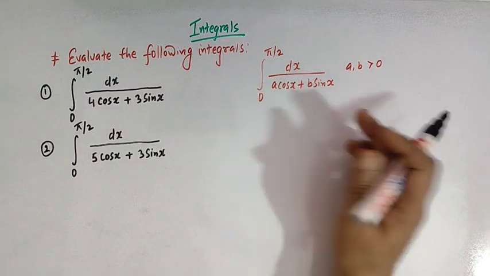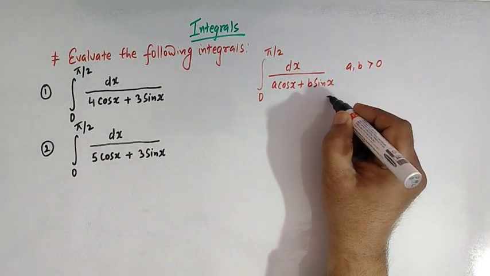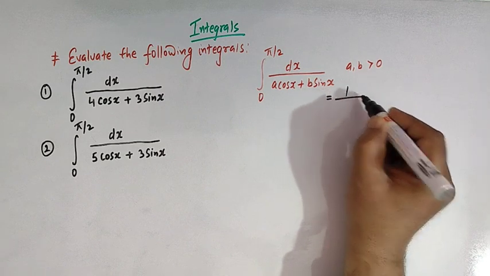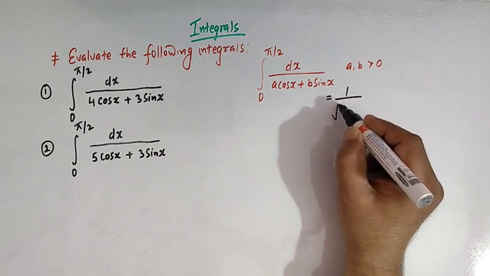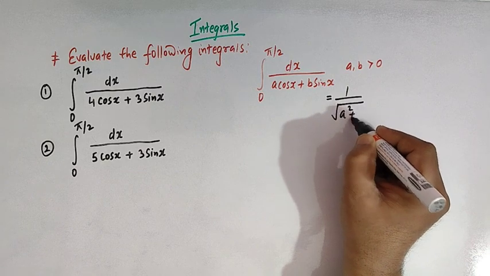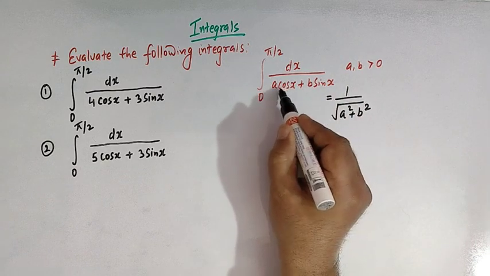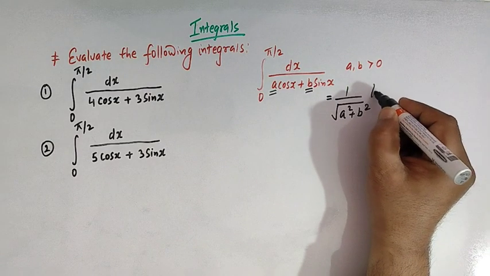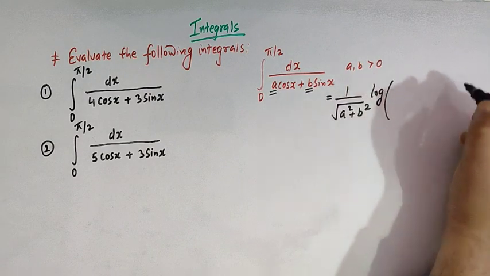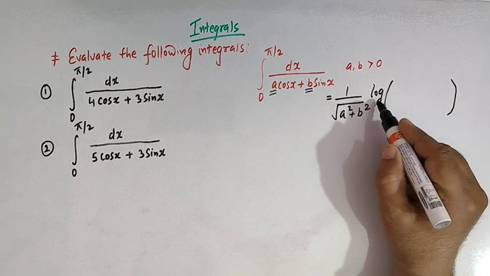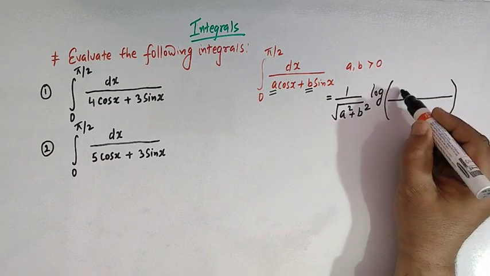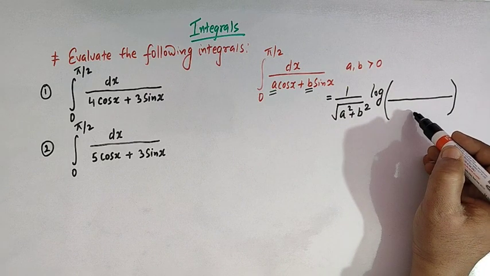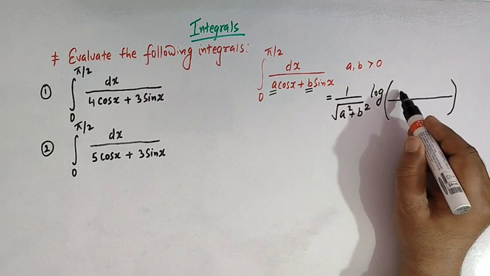Now the direct result for this integral can be written like this. First we have the term 1 over square root of a square plus b square. Then we take log, and inside this log we have a numerator and a denominator.